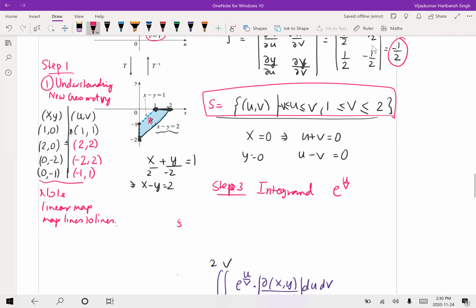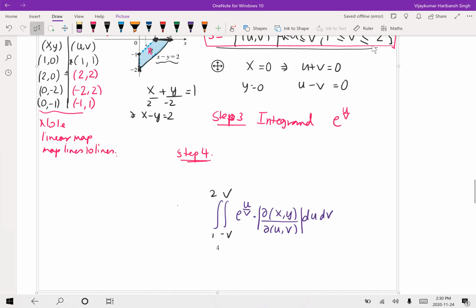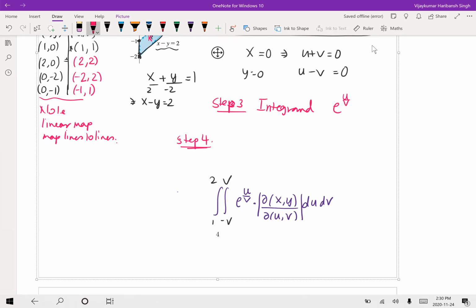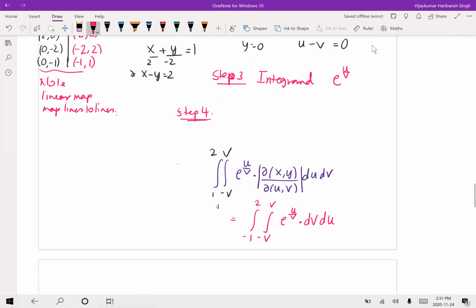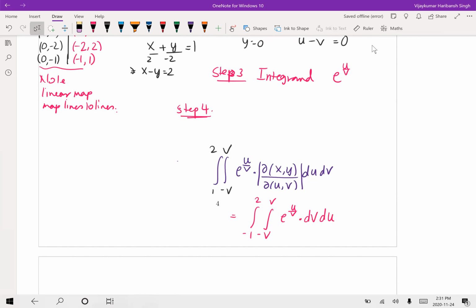Okay, and then step four is an integration plan, which is writing the integral down here, and we get the integral from 1 to 2, from minus v to v, of e to the power u by v, first doing du and then dv. Now, since we said that the integral is easy to compute, we should compute the integral as well. So what is the integration of?